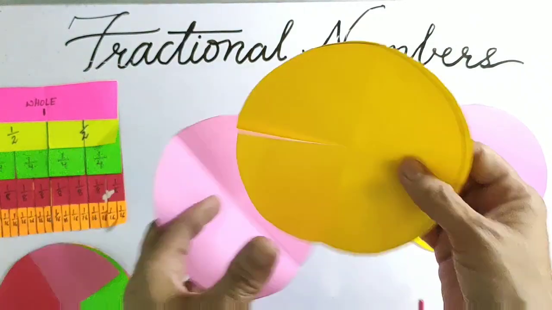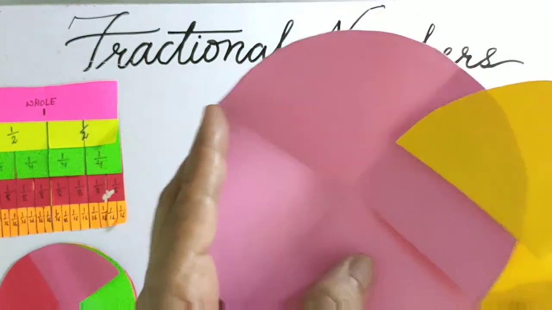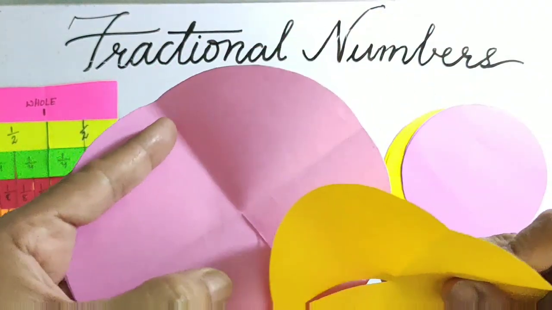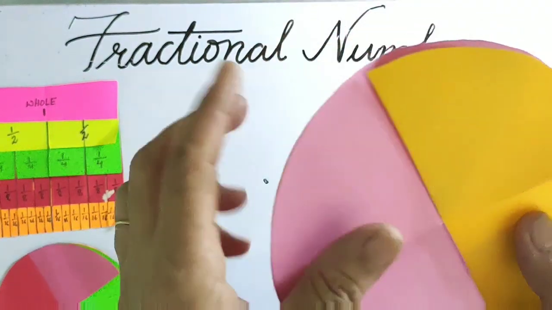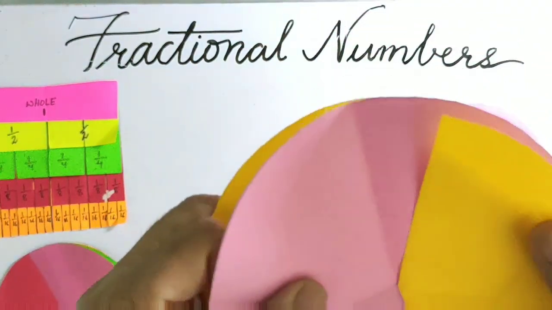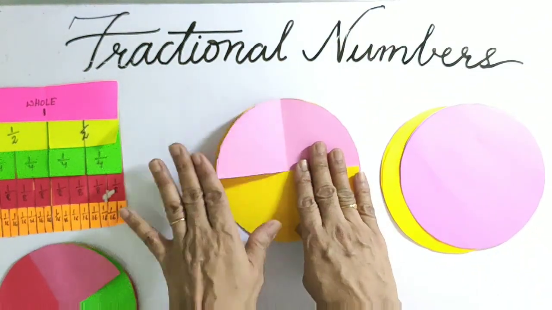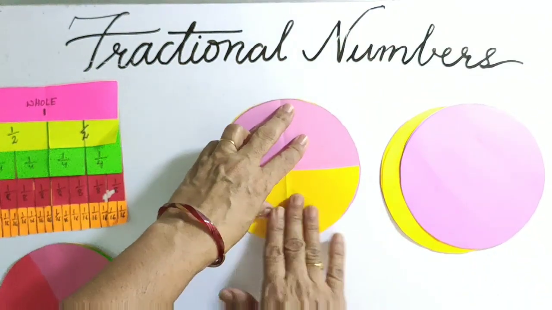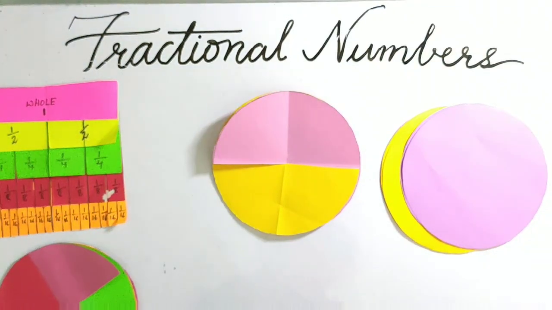See. See here what it becomes. This is 1 by 2, is it?